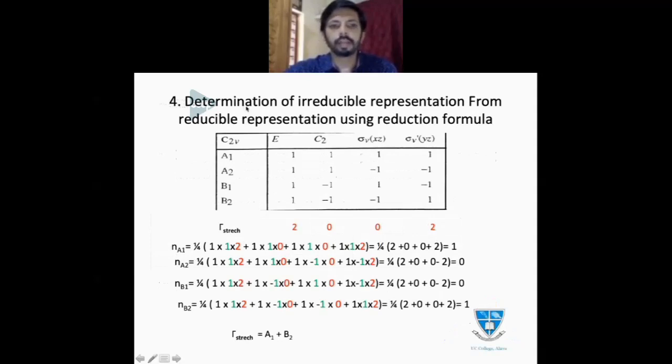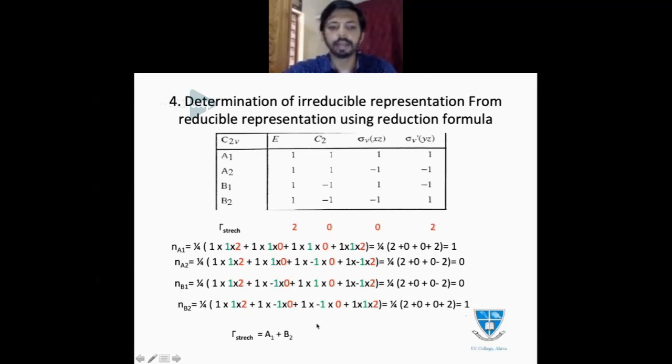Then the determination of irreducible representations from the reducible representation using the reduction formula. For the stretching vibration, we are taking only R1 and R2, so this is 2, 0, 0, 2. The number of A1 is 1, the number of A2 is 0, the number of B1 is 0, and the number of B2 is 1.